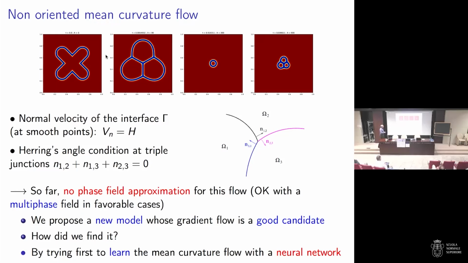So this is the kind of evolution that you can observe with exactly the same kind of assumption. At every smooth point of your interface, the velocity is given by the mean curvature. And when you have multiple points, then you have Herring's angle condition, which is the balance of force condition.